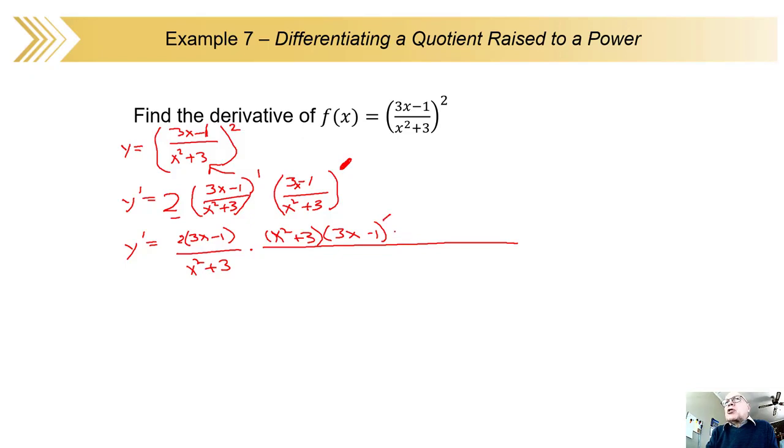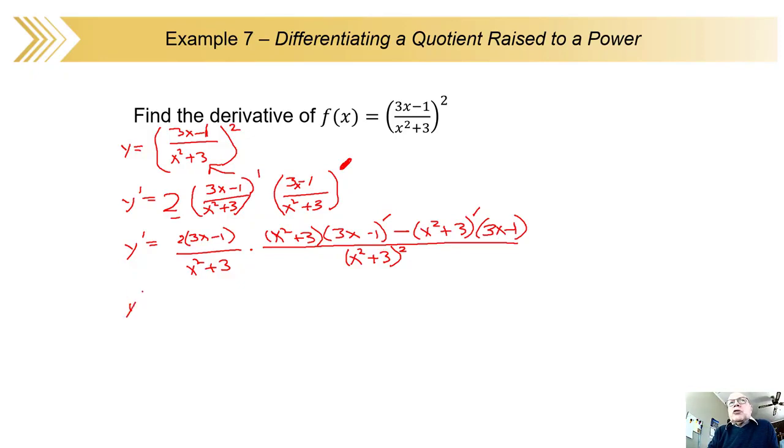And because it's a quotient rule, we have minus here. Then we'll reverse the roles. We'll have x squared plus 3, and we'll take the derivative of that this time. And then we'll leave the 3x minus 1 alone. On the bottom, we have the square of the denominator. So x squared plus 3 now gets squared. There's your derivative.